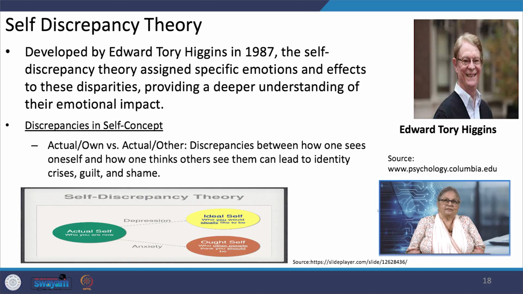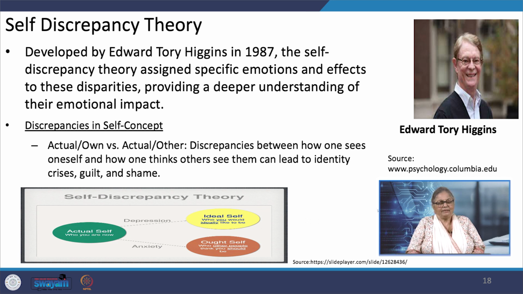In this context, we would further refer to the self discrepancy theory developed by Edward Higgins in 1987. It assigned specific emotions and effects to these disparities, providing a deeper understanding of their emotional impact.